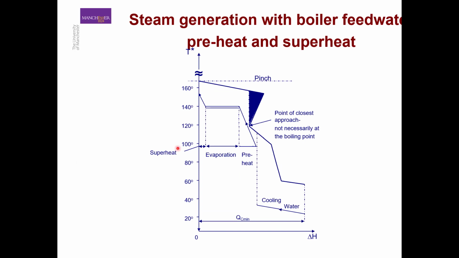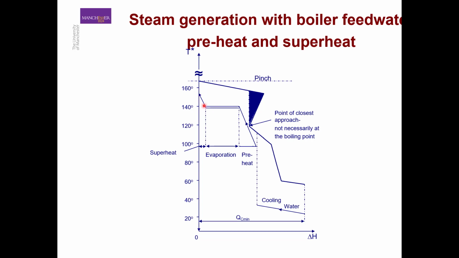So here we could have a more realistic graphical representation for the generation of our steam from the process heat. For example, we can show here the steam profile. So we have the boiler feed water that is heated to its boiling point, and then the latent heat of steam generation, and then possibly some superheating as well.